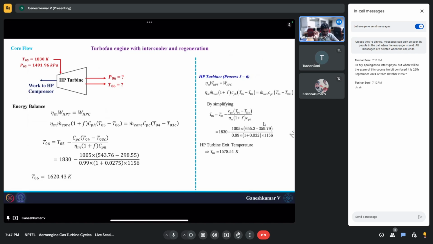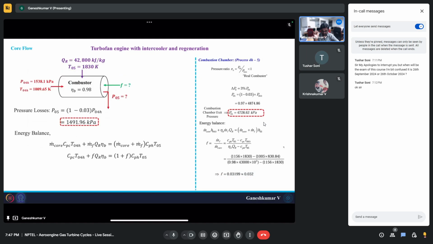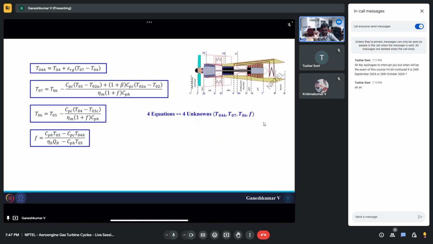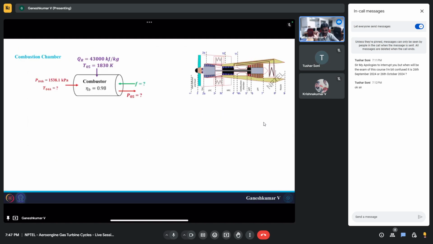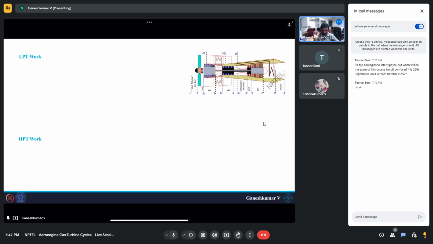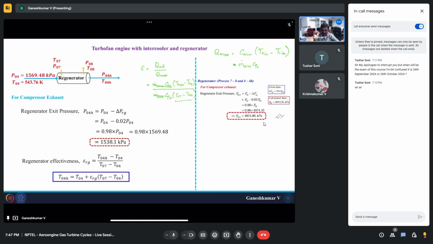One thing that we can see, let me go back a bit. At the combustor, the inlet is 1009.65 Kelvin. And what is T04? Yeah, T04 is 543.76 Kelvin.